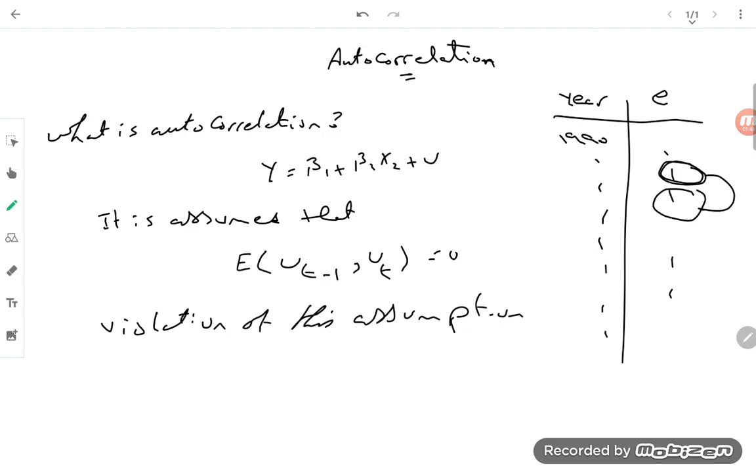If this assumption is violated, this means that there is a linear function or linear correlation between successive error terms.